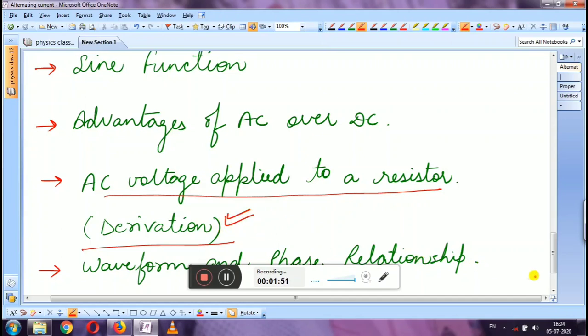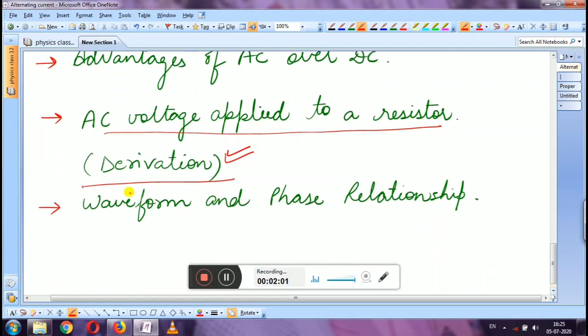We will do that derivation and will find out the result in the form of alternating current, right? After this we will study about waveform. Waveform we will draw for alternating current as well as alternating voltage, and then at last we will study about phase relationship, and if we are left with time then we can do one numerical at last. Otherwise we will end up at phase relationship only. It will be a short class, so don't panic.